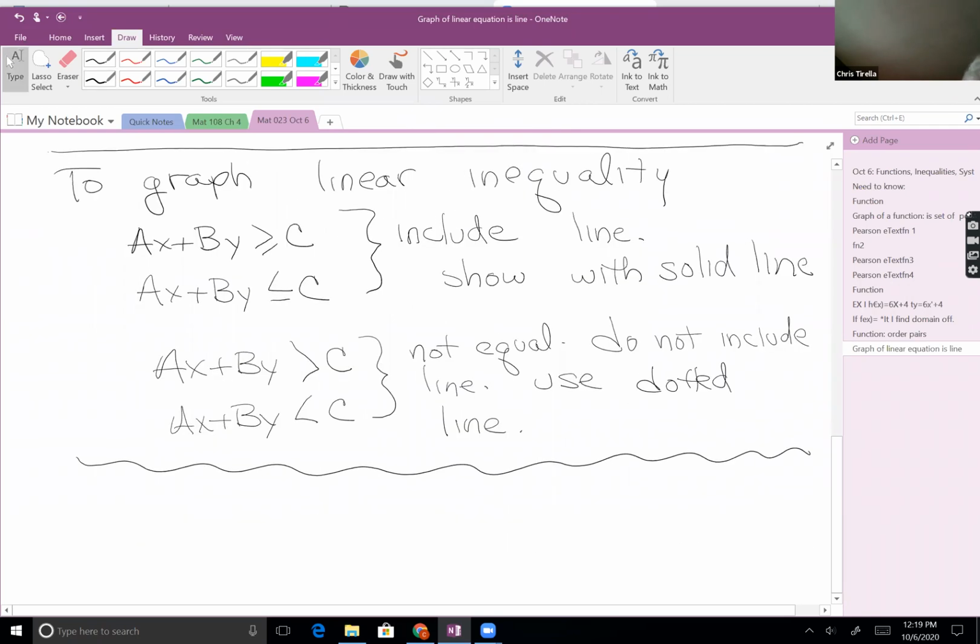And then after we graph the boundary line, we have to decide which side of the line to shade.